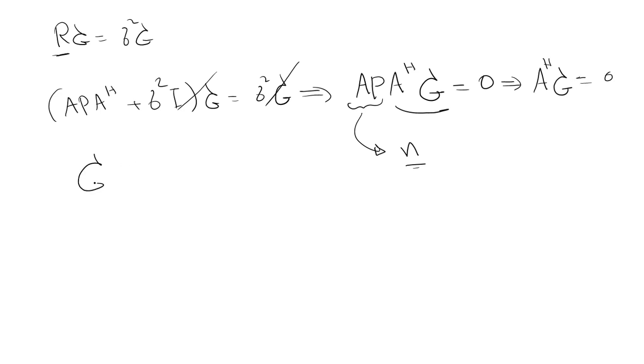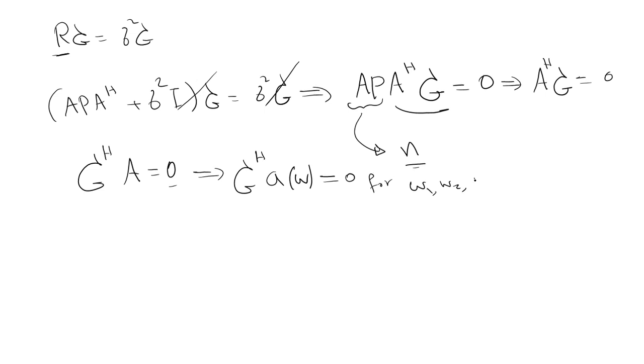If I take the Hermitian, I have G Hermitian A equals 0, and this means G Hermitian A of omega equals 0 for omega 1, omega 2 until omega N. That means A of omega for our frequencies belongs to the null space of G Hermitian.